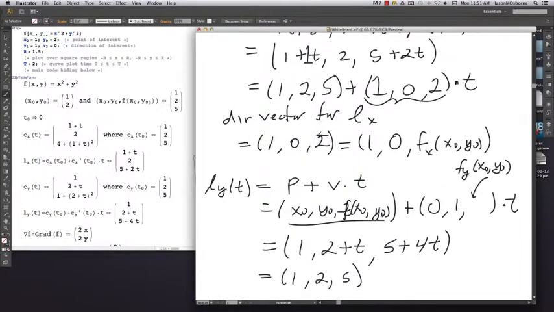Oh, this should be a 5 here. 1, 2, 5. I was looking at the wrong function. And then the direction vector is 1, 0, and then we get a 2 there.